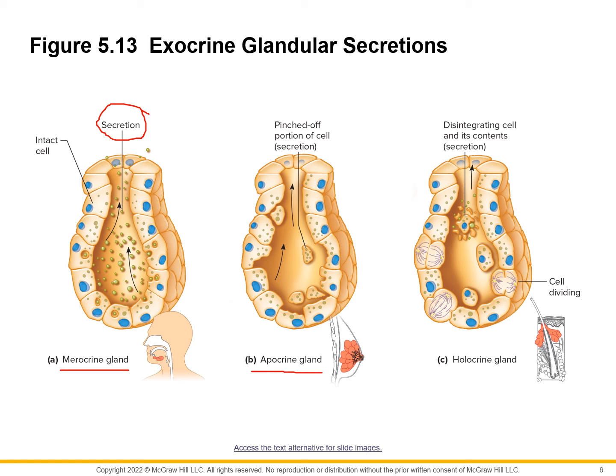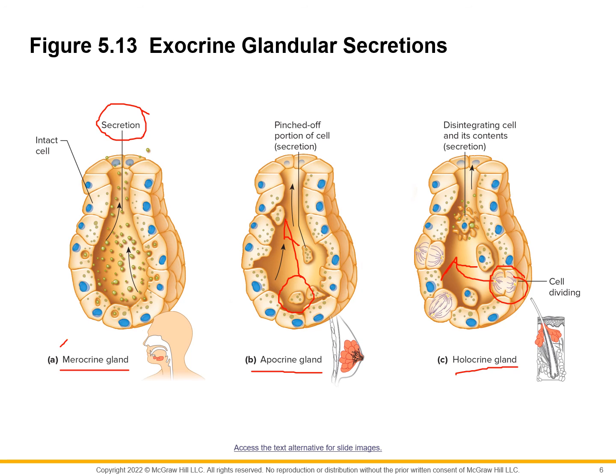If, on the other hand, some of the cell is lost as it does the secreting, it is called an apocrine gland. And if the entire cell ruptures, so the whole cell blows up, that's called a holocrine gland. And I'll show you a very easy way to remember this. And the names weren't meant to be like this, but it is just great that it worked out like that.